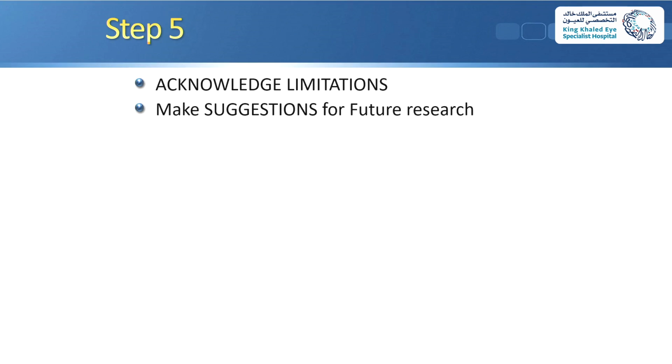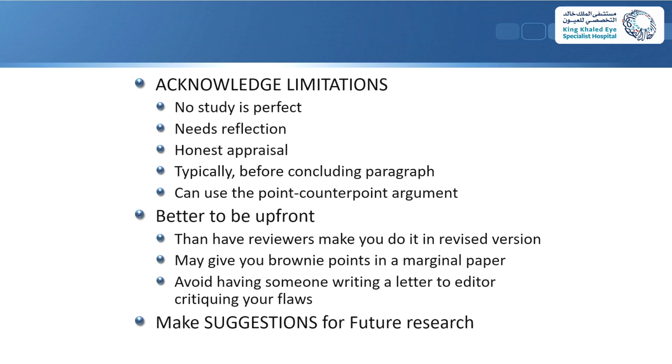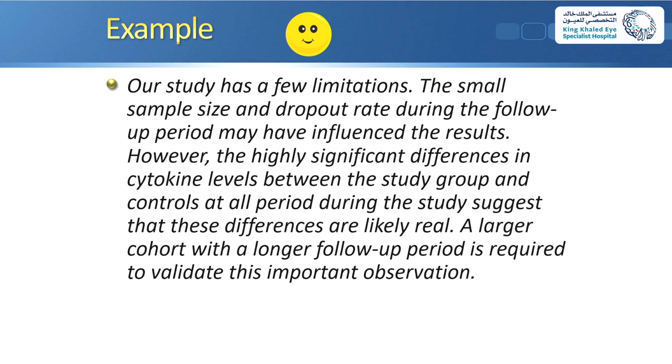I think if you do that, then it'll make the study not come back from the reviewer. They know that you have thought through it and it's helpful. So I think one of the things is, an example of a few limitations is that you've looked at the sample size, but also put the positive side that the highly significant differences between these cytokine levels and controls suggest that these differences are real.